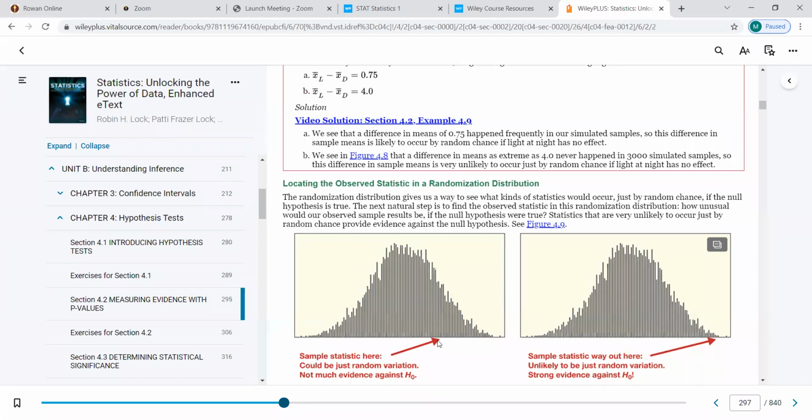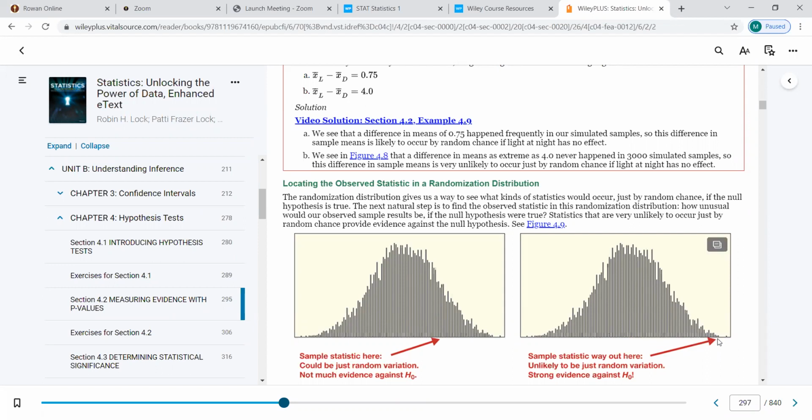How about if the difference in your samples was 4, way out here? Do you think that has a good chance of being due to normal sampling variability? No, it's probably unlikely, right? If the mean difference is 0 for the population, we would be unlikely to get a sample with a difference of 4.